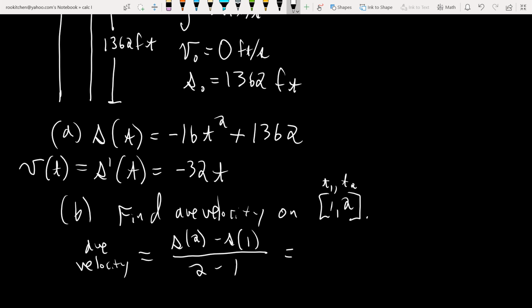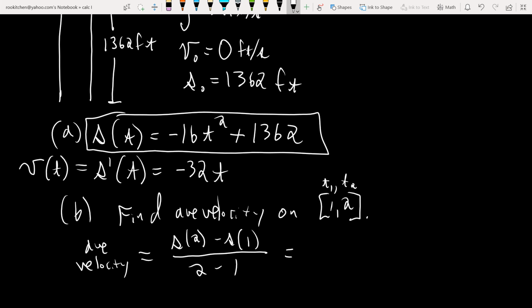You plug those numbers in and get 1298 minus 1346 all over 1. So my average velocity in that time span is negative 48 feet per second.